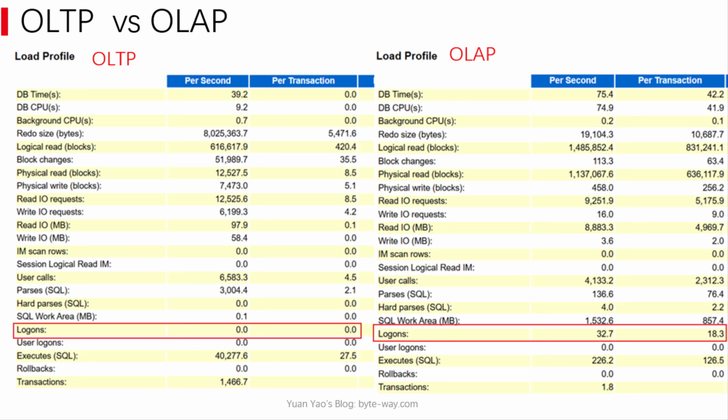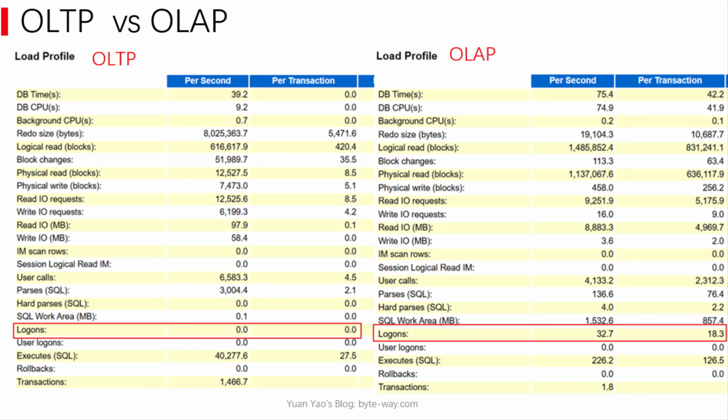When we talk about database applications, we usually split them into two main types, OLTP and OLAP. These two are classical examples of load profiles, OLTP on the left, OLAP on the right. OLTP stands for Online Transaction Processing.